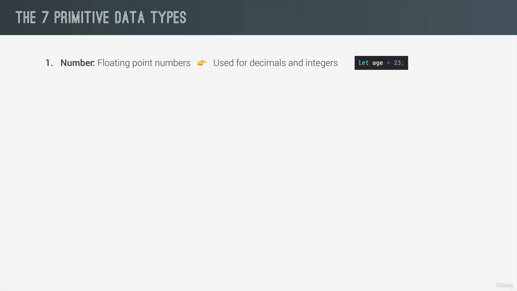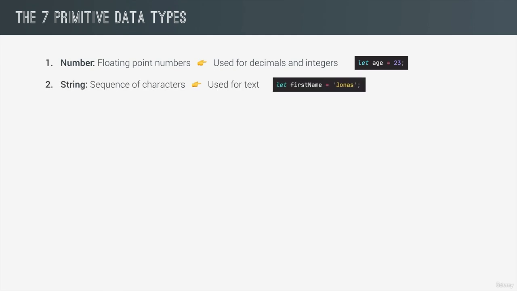Okay? Next up, we have strings, which are simply a sequence of characters. They are just used for text, as we already learned. Always put them in quotes, no matter if double quotes or single quotes. Otherwise, JavaScript will actually confuse them with variable names.